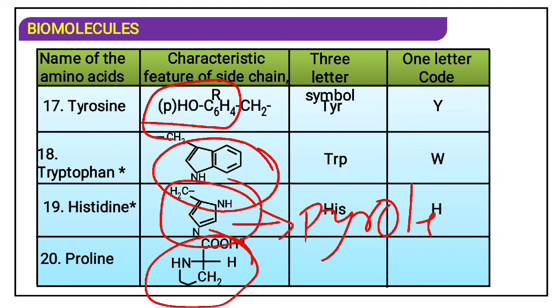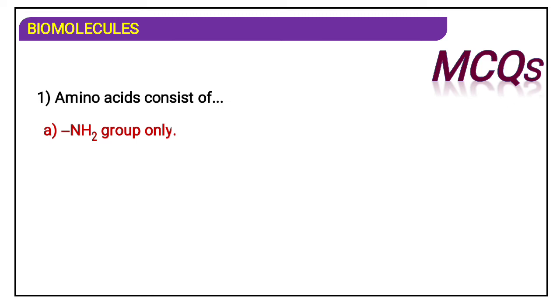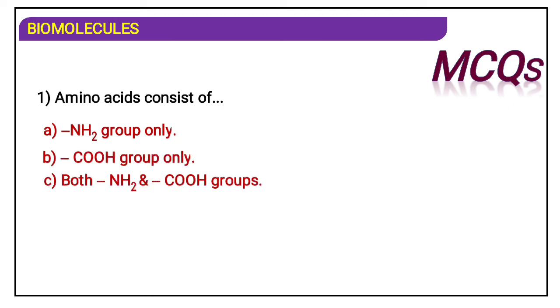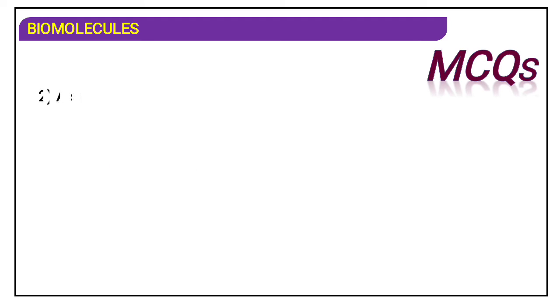Now let's go to the MCQs on this topic. Amino acids consist of: only NH2 groups and COOH groups, both NH2 groups and COOH groups, or NH2 and SO3 groups. In the definition we clearly mention that an amino acid contains both NH2 and COOH groups. Next MCQ: a sulfur containing amino acid.